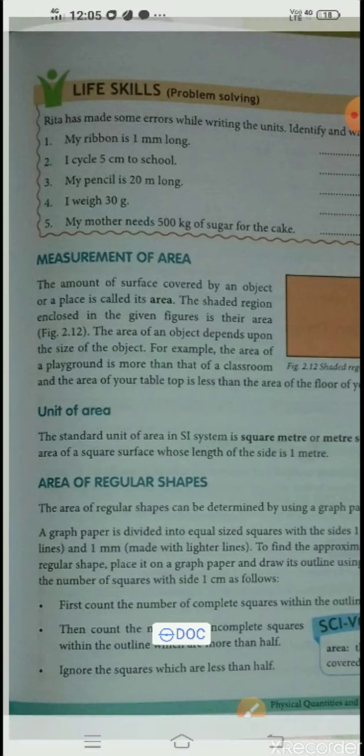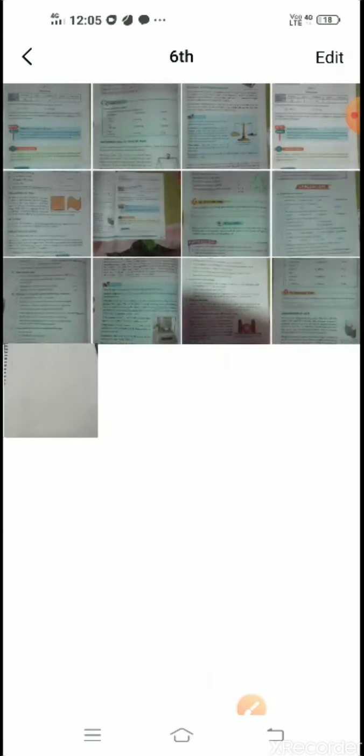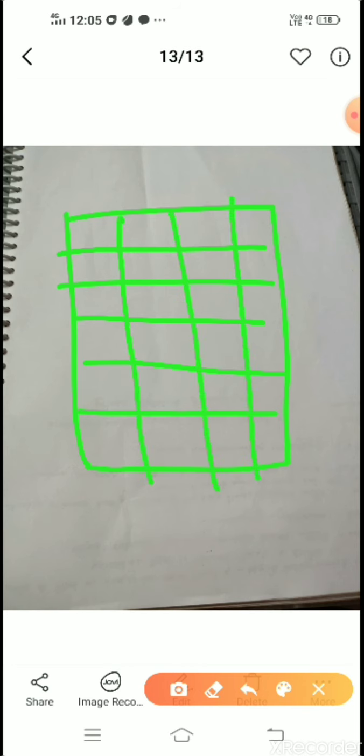I'll give an example. Listen, you're going to have a graph sheet. You will have a graph sheet like this, with dark line boxes on it. Each box is 1 centimeter square.